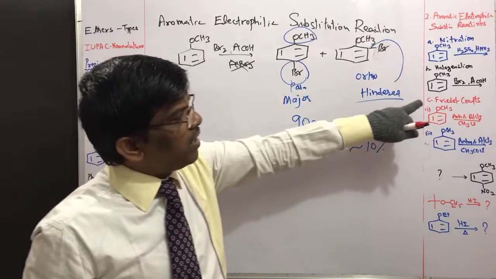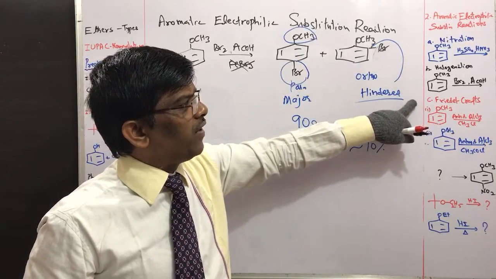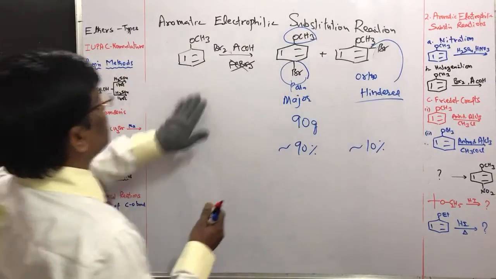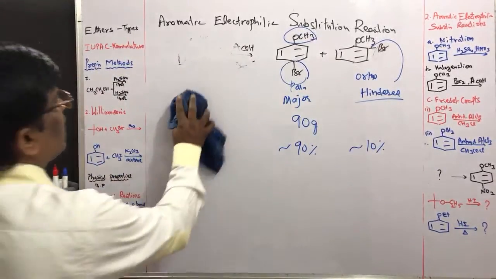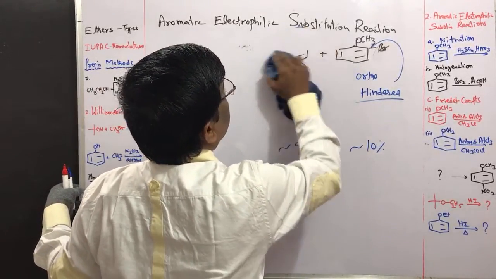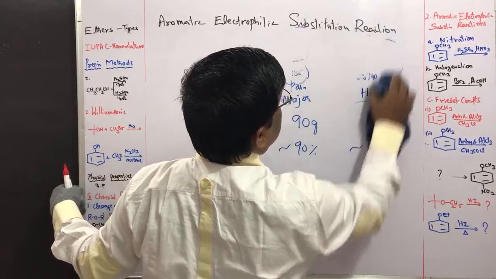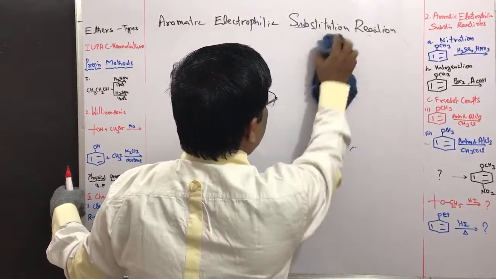Let us take a very important chemical reaction of ethers, aryl alkyl ethers: the Friedel-Crafts reaction. So what are the Friedel-Crafts reactions? There are 2 types of reactions: Friedel-Crafts alkylation and acylation, right?